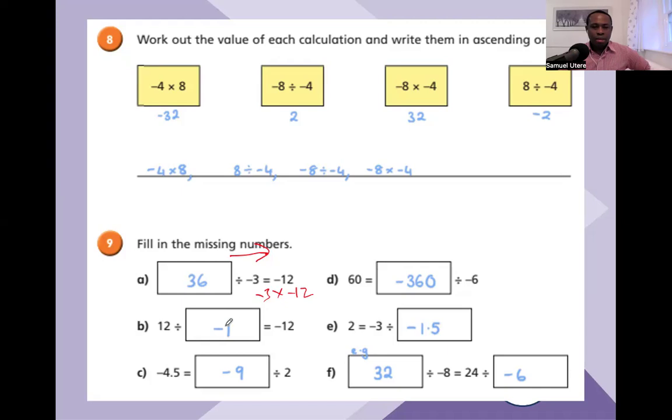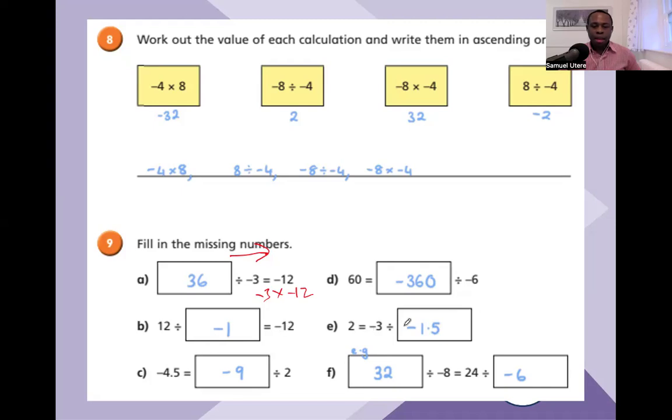And then here, doing the inverse operation, it will be -12 divided by 12. Or just if you think about it, if you have -12, we're going to have to divide by -1 to have the same result there.